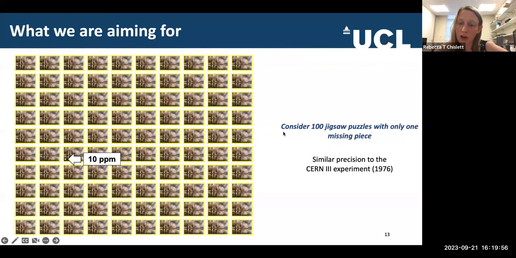If you took 100 jigsaws and only lost one piece in all 100 jigsaws, that's the equivalent of 10 parts per million. So this is about the same precision as what was measured in the CERN 3 experiment, which measured g-2 for the muon, which was done in 1976.